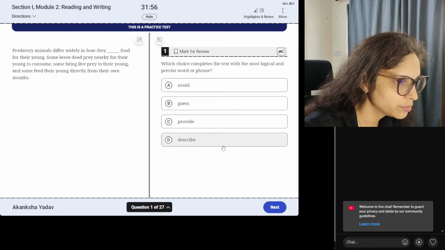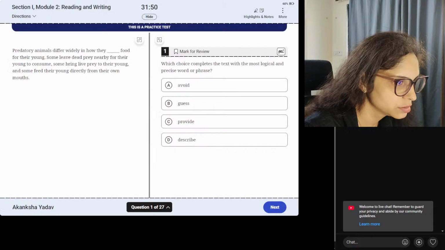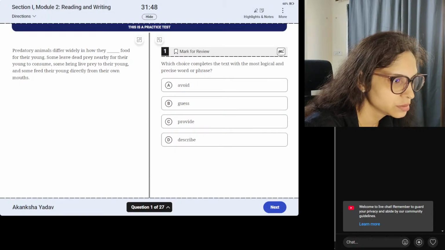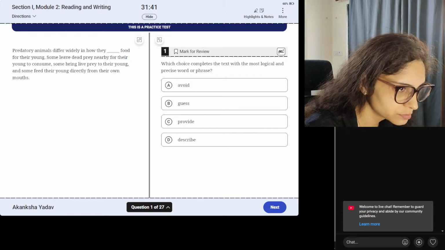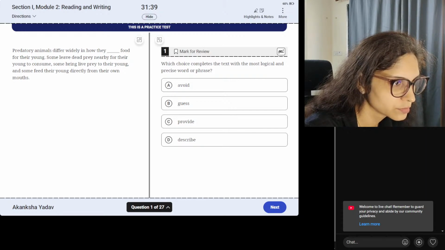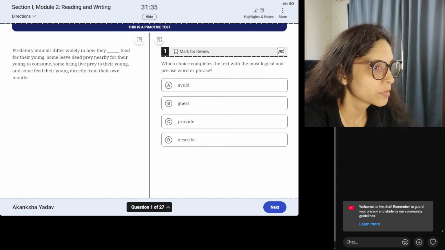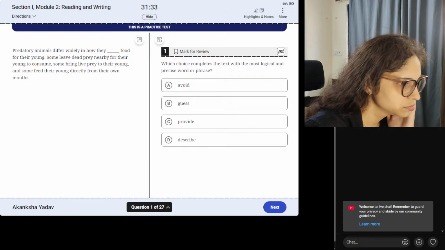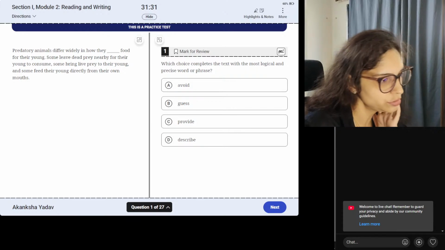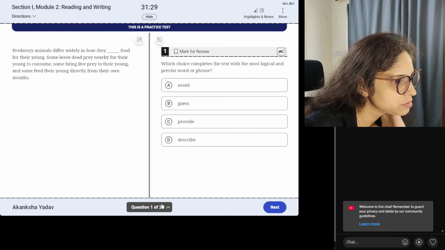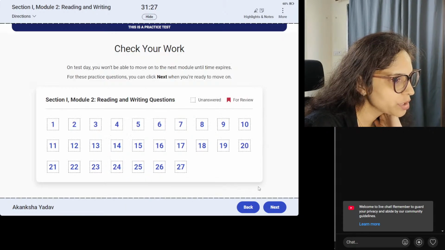And over here we have come to the second module. So we'll also get rid of the second module. Go to review page.